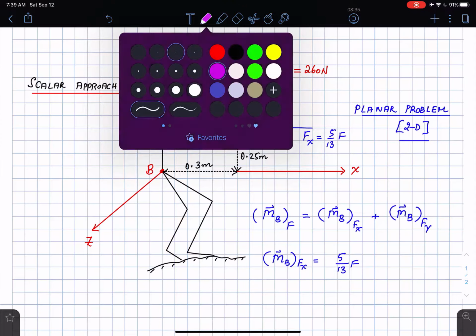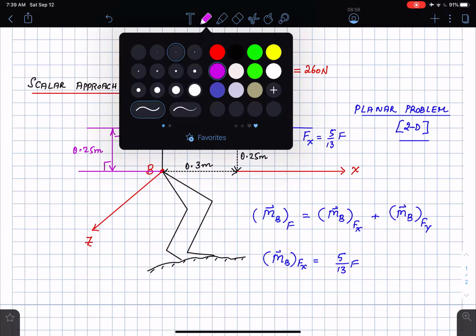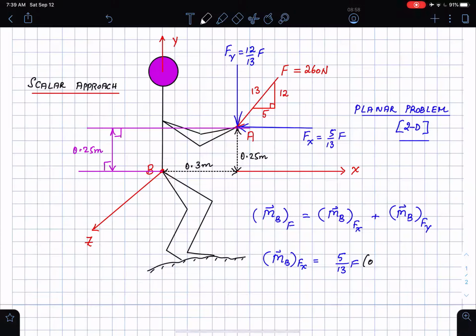I take a line and draw the line of action. I extend a line parallel to that force from the point B, and then I see that this is the perpendicular distance between the force Fx and the point B. So this distance is going to be 0.25 meters.